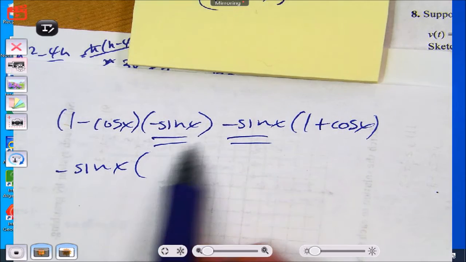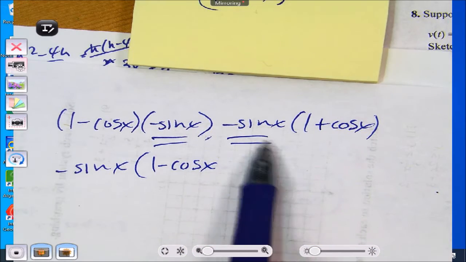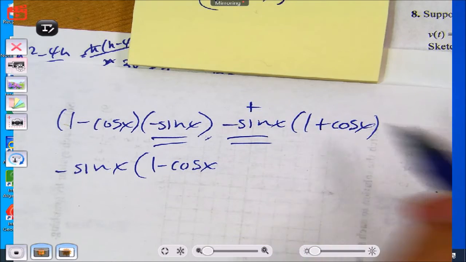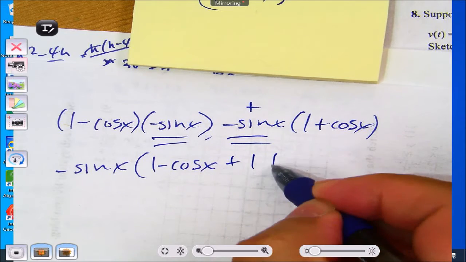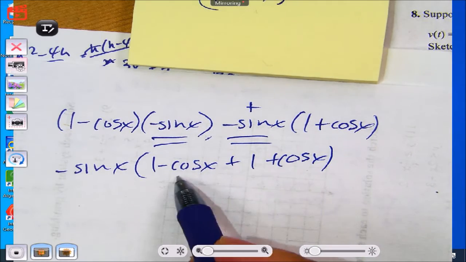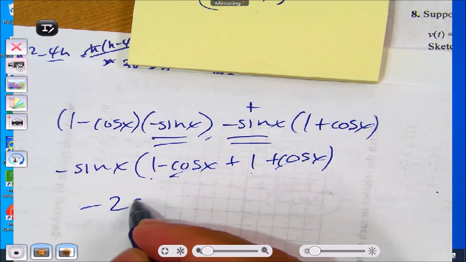For this part, it leaves me 1 minus cosine x. When I take a negative sine x out of here, that turns into a plus, so it's plus 1 plus cosine x. So the cosine x cancel and I got 1 plus 1. That's how I got negative 2 sine x.